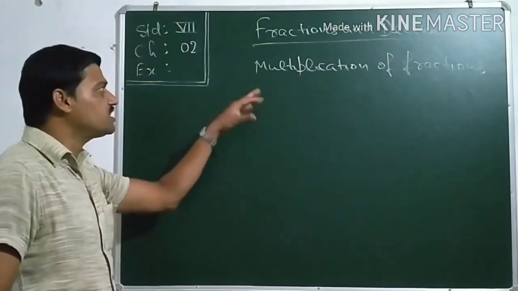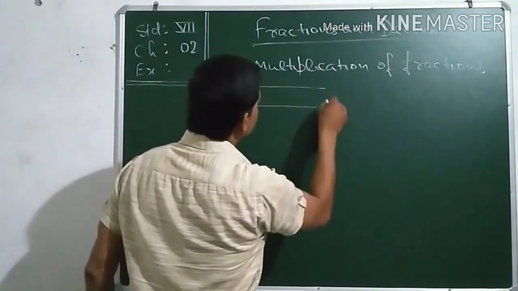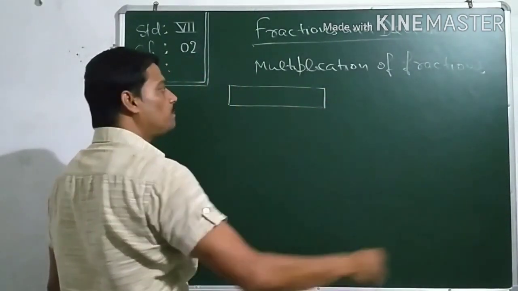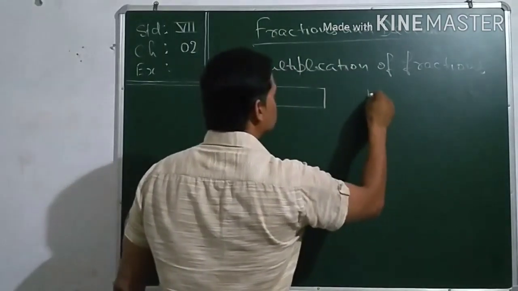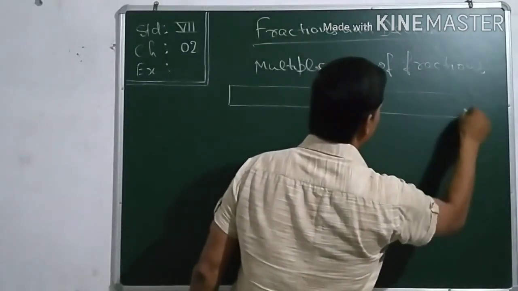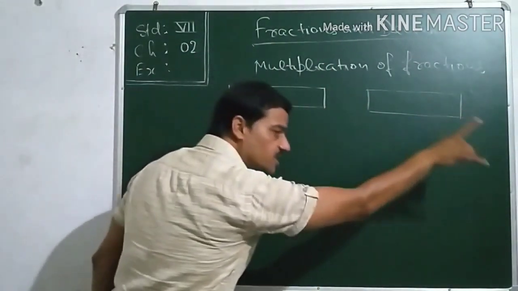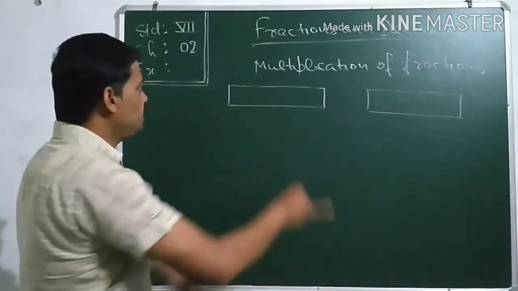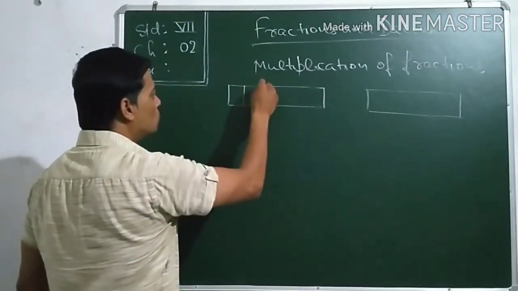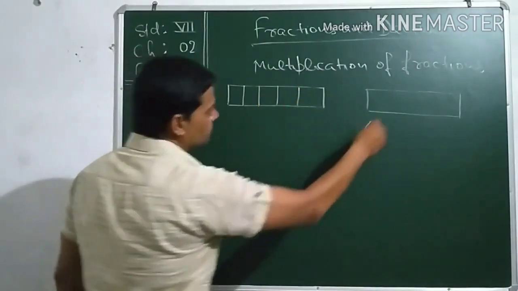let us go through some things. Consider this is a whole and this is also a whole. That is, this is considered as 1, this is considered as 1, whole number 1. If you divide these into 5 equal parts, 1, 2, 3, 4, 5.